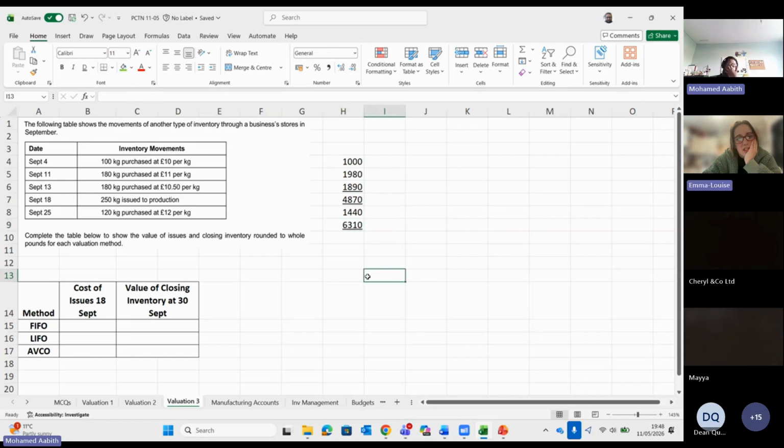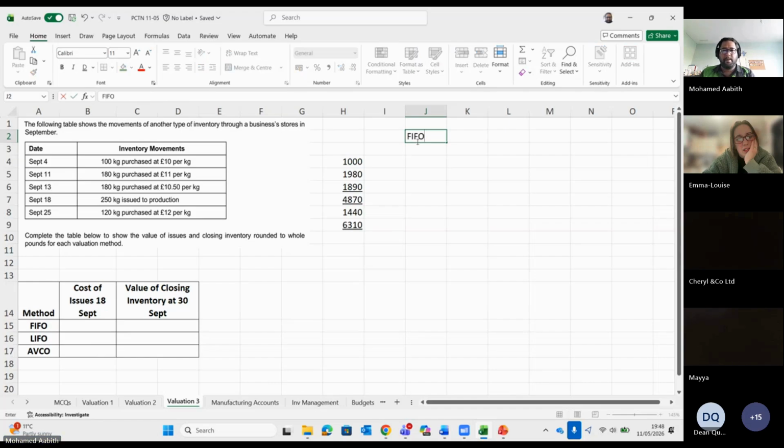Okay, so what we now have to do is assume the same idea. So let's do here, if I'm doing the first-in method, I need 250 kilograms. So where am I going to take it from? I'm going to take 100 kilograms from here, and then another 150 kilograms from the 11th of September one.